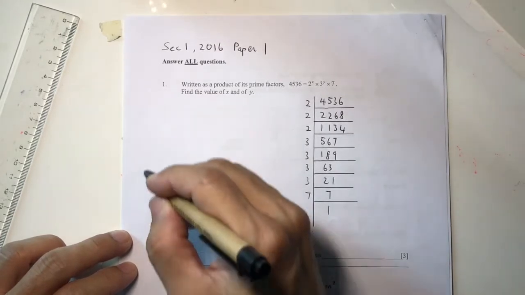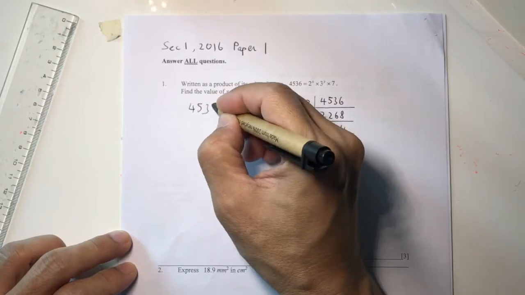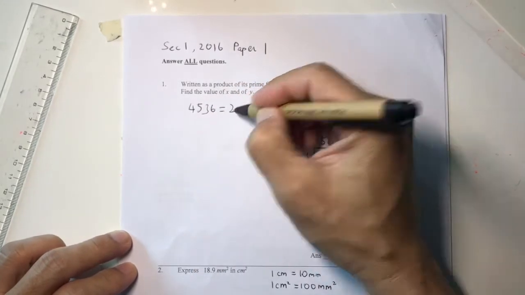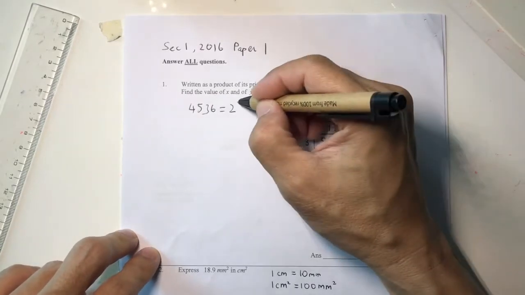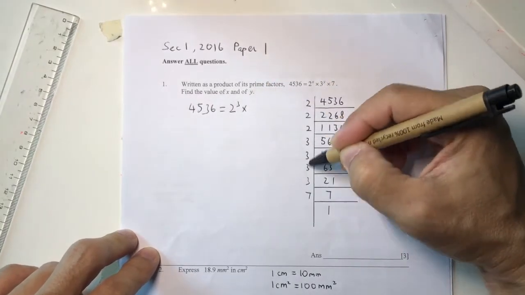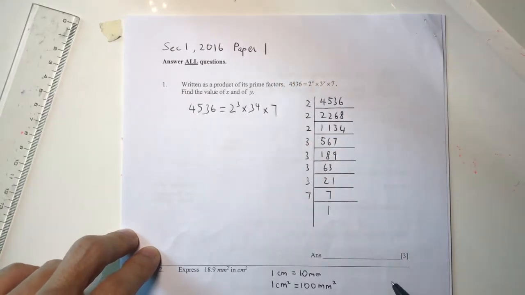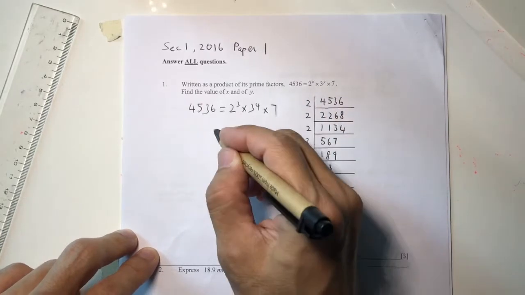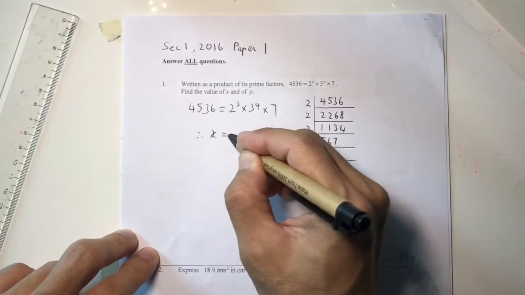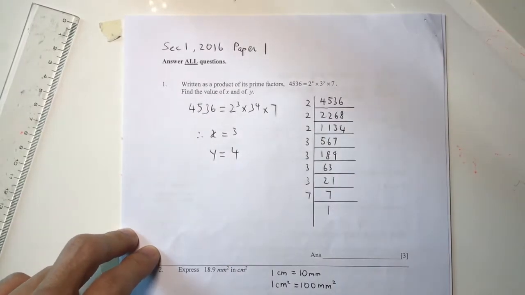Therefore, now we can write 4536 as 2 to the power of 3 times 3 to the power of 4 times 7. Matching the numbers, we have x equals 3 and y equals 4.